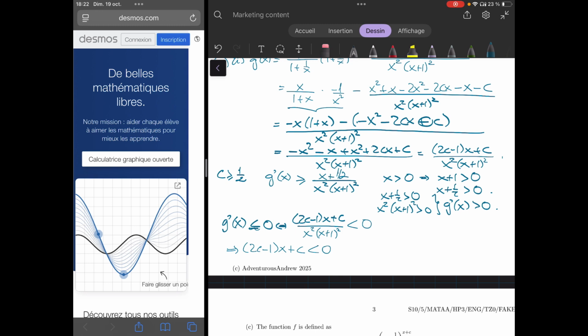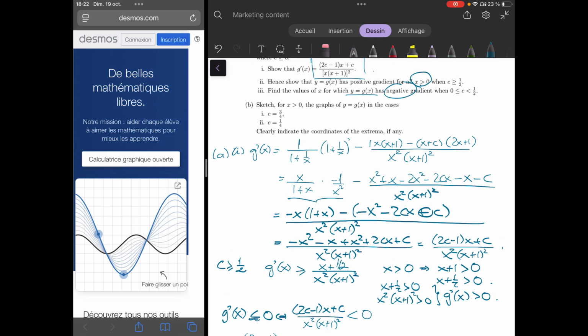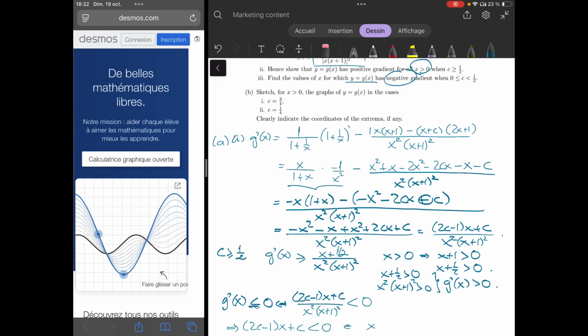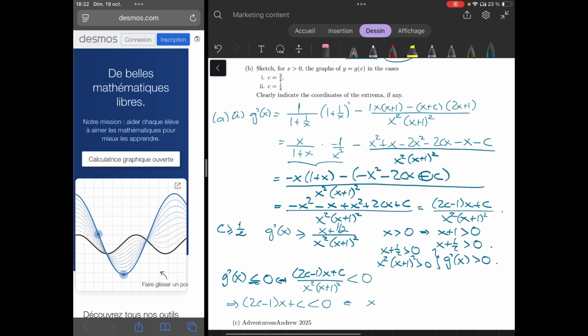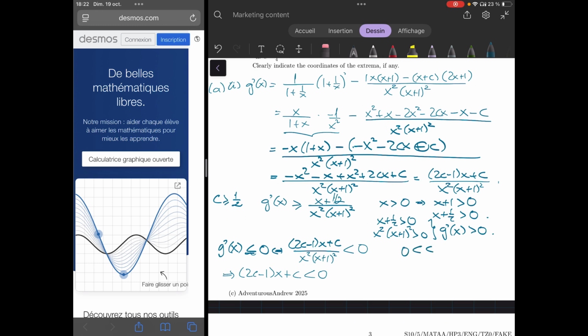let's isolate x. So we know that x is, for c between 0 and negative a half, this means that 2c minus 1 is less than 0.